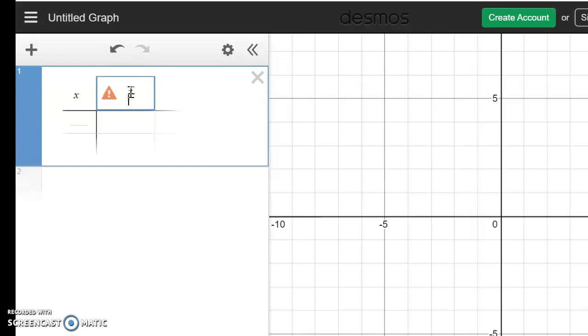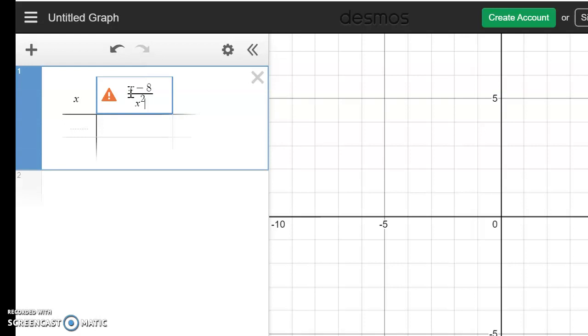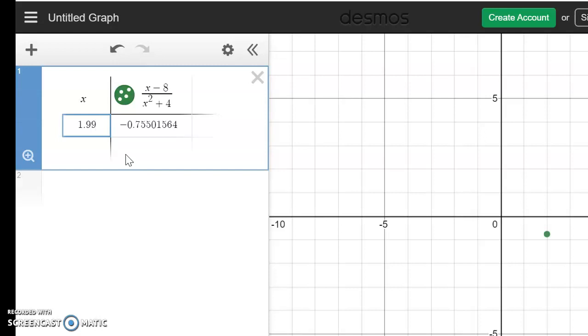So it's x minus 8 over x squared plus 4. Okay, so let's see. Our first x value is 1.997, and we get negative 0.752.